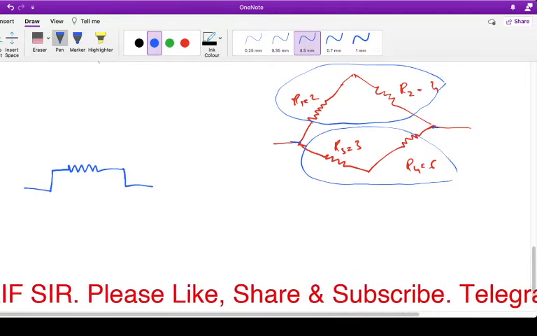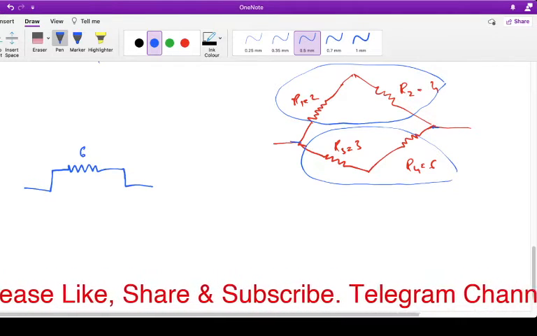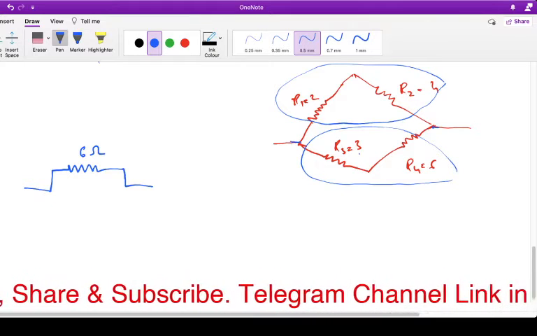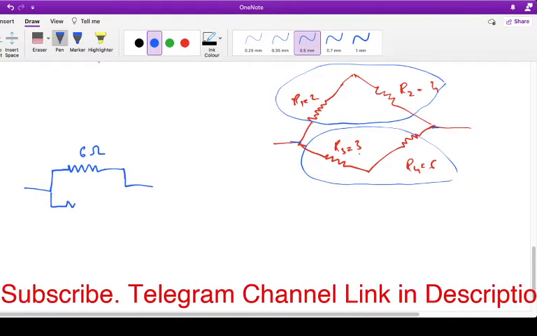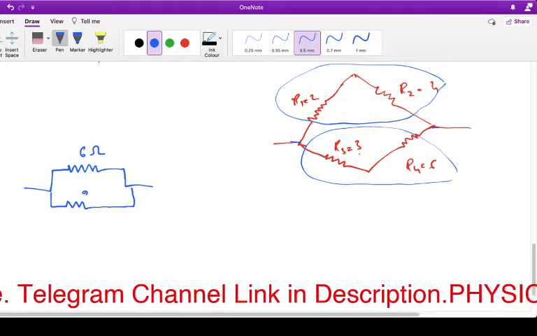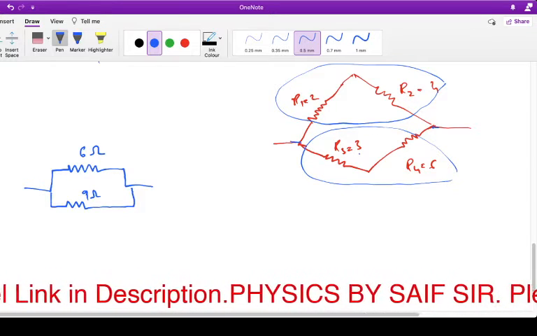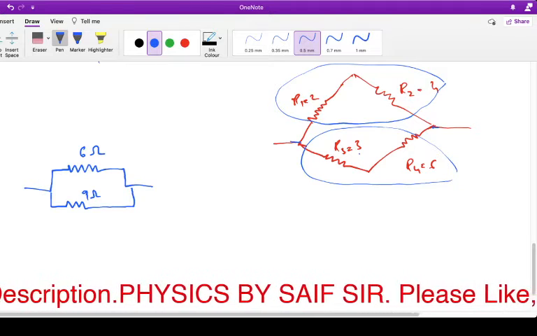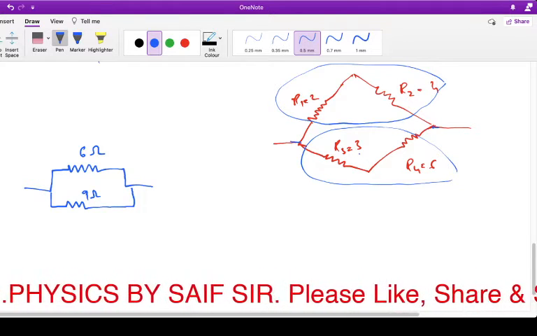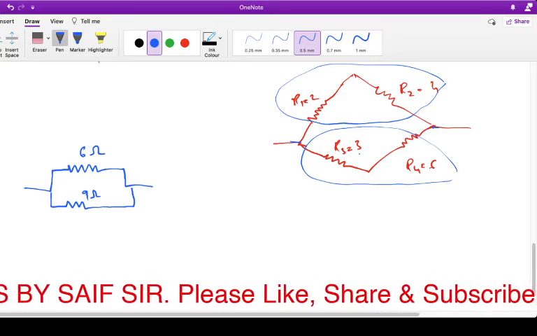As both are in series, 2 plus 4, it will become 6 ohms, and the below part is 3 plus 6, this will become 9 ohms. And now both resistors are in parallel combination. Now you have to solve it.